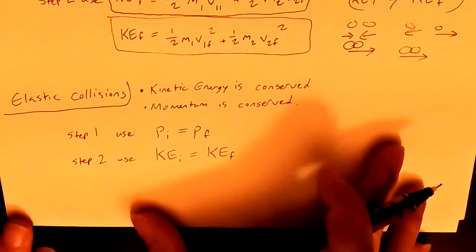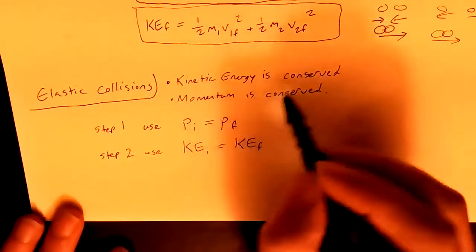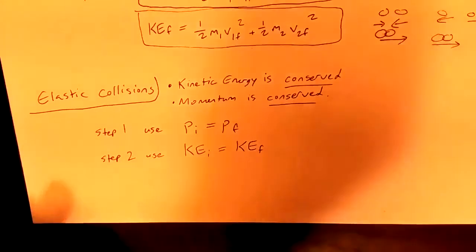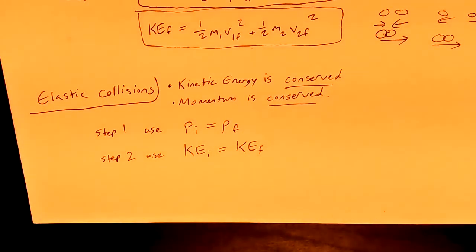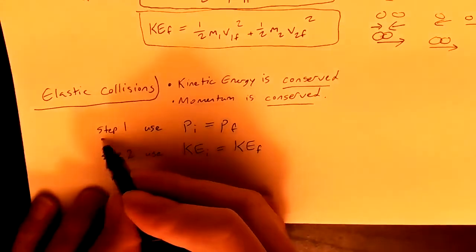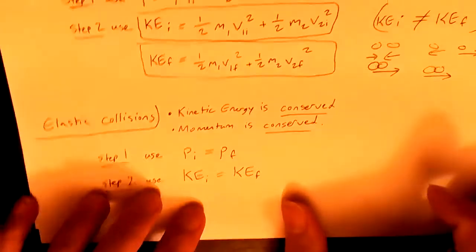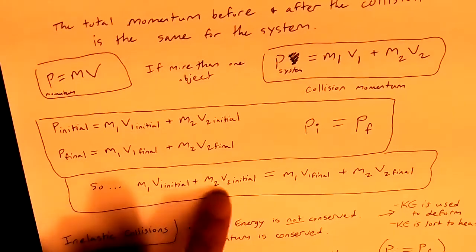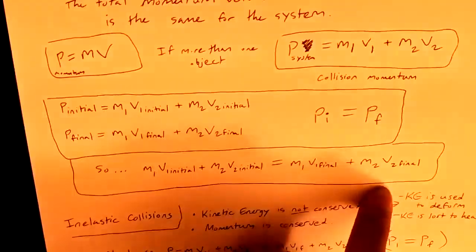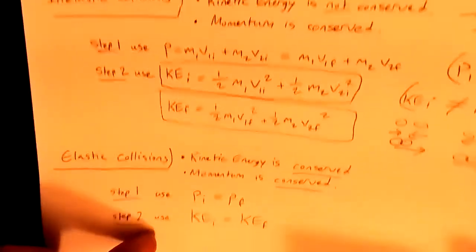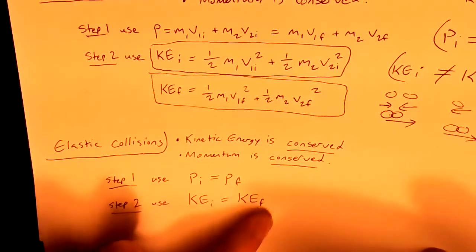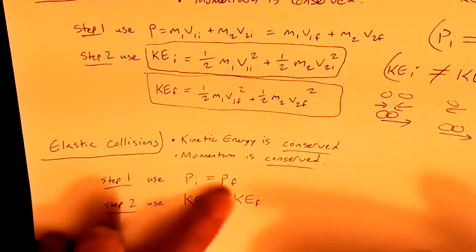But in elastic collisions, these guys are easy to deal with. The kinetic energy is conserved, and the momentum for these collisions is conserved as well. So the steps to solve those problems are straightforward. We would use this equation up here, set the initial momentum equal to the final momentum, and you would set the kinetic energy initial equal to the kinetic energy final, because it's all conserved.